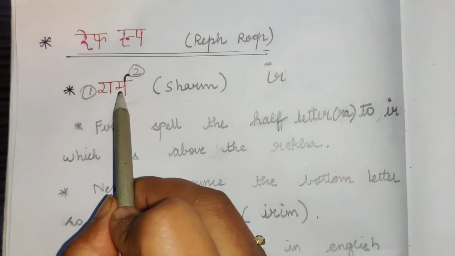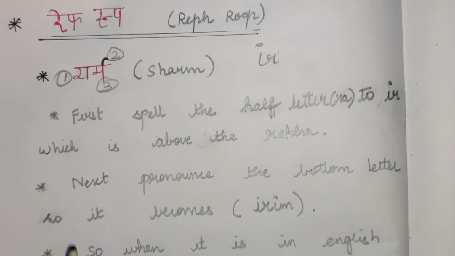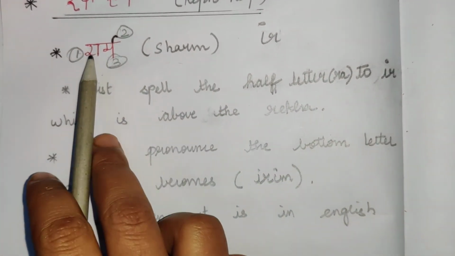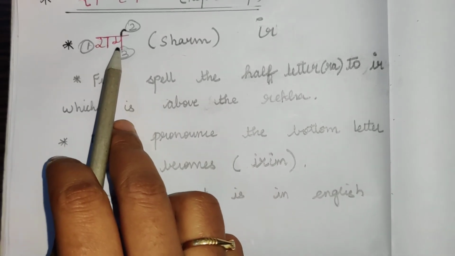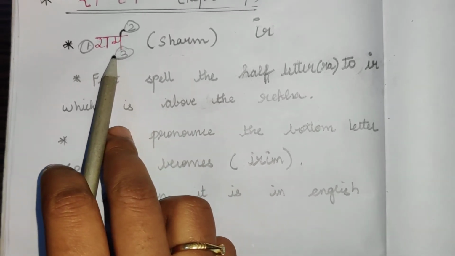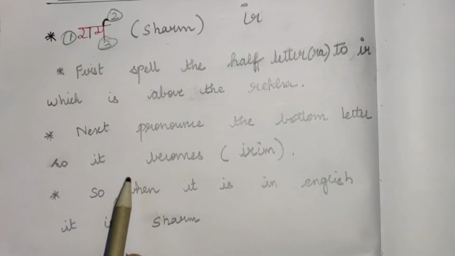Since it is an ending, it is a half sound. First spell the half letter ra as ir, and the corresponding bottom letter also we need to sound as the half letter when it is at the end of a word.